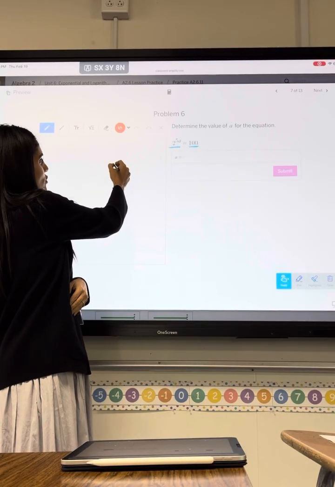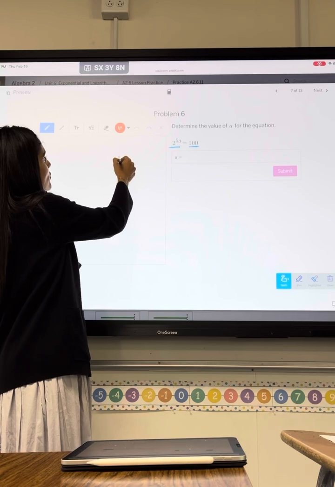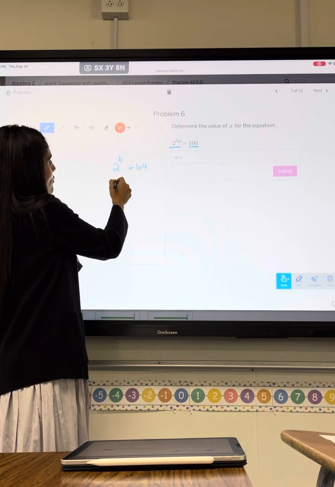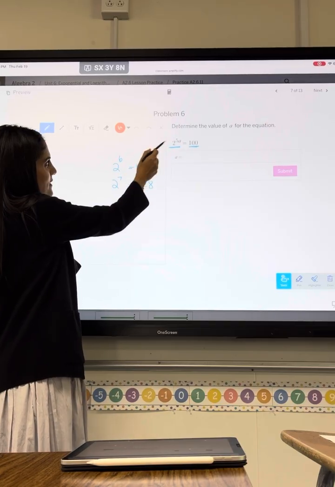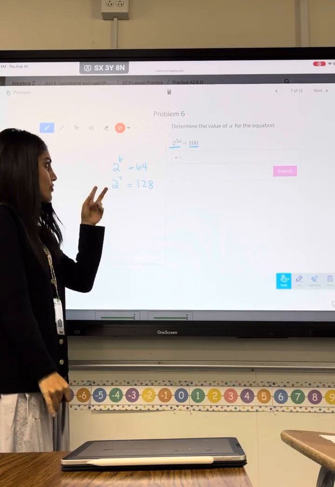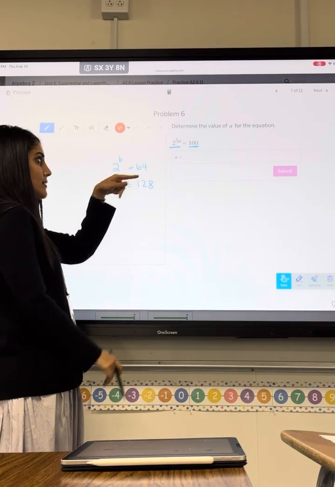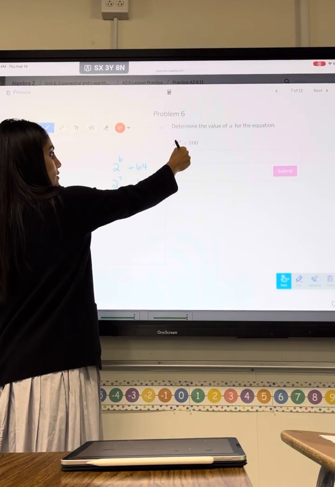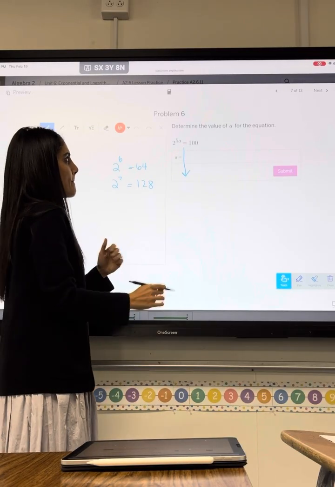If you try 2 to a few exponents, you'll eventually see that 2 to the 6th power is 64, and that 2 to the 7th power is 128. So we skip right past 100. There's no nice power of 2 that we can write 100 as. So because of that, I'm just going to switch this into a logarithmic equation right off the bat, all right?